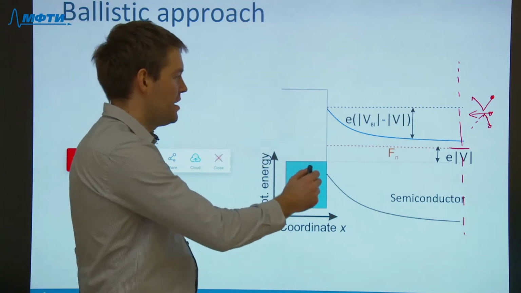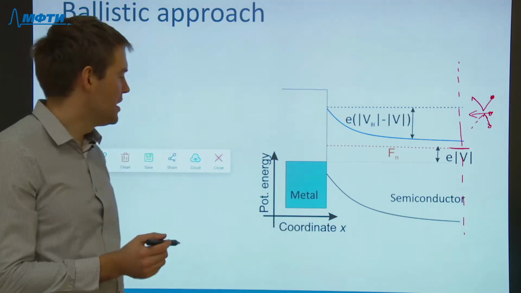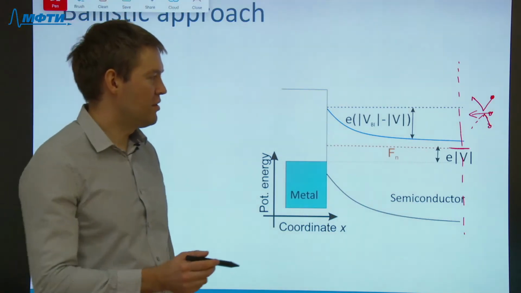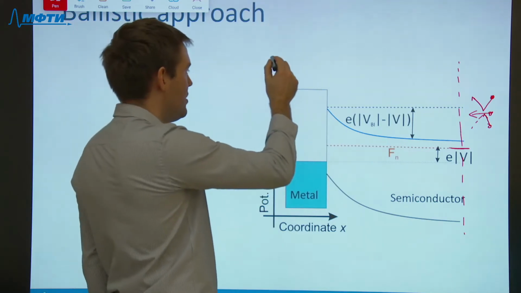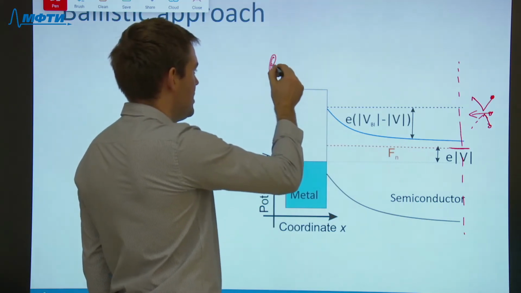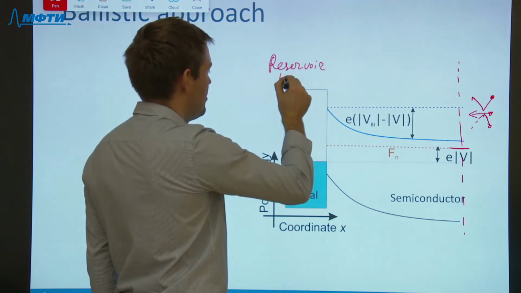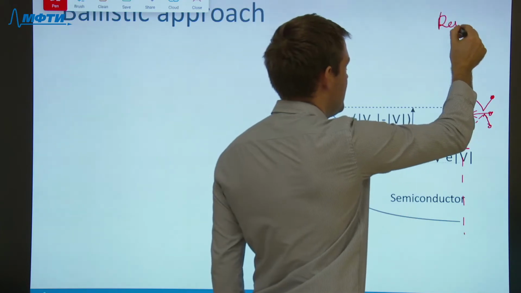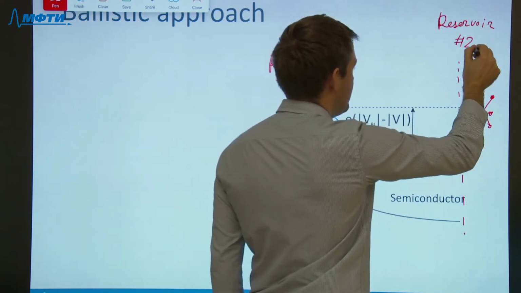And the problem of finding the current voltage characteristic in this case is formulated as follows. We have two reservoirs of electrons. Reservoir in metal, reservoir number 1, and reservoir deep in the semiconductor, reservoir number 2.